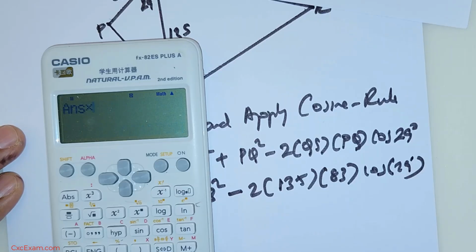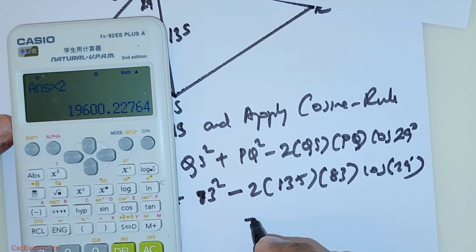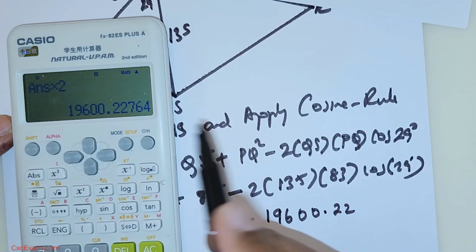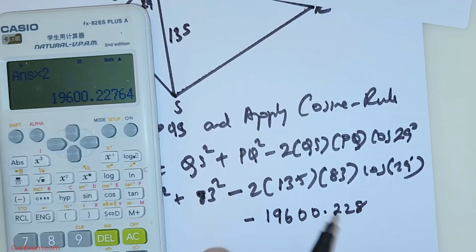To this you multiply 83, you get this, and to this you multiply 135, you get this. To this you multiply 2, you get this. Write that value there. Negative 1960.2276 is there. I'm going to write it as 19600.228.